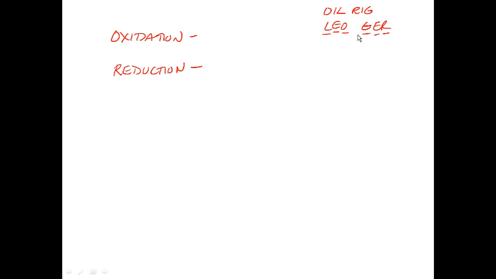So that's how we keep track of oxidation and reduction in general chemistry. We can still do the same thing in organic, but we'd have to figure out the oxidation numbers of the carbons, and while that's not that difficult, we normally don't do it. So we define oxidation and reduction by sort of an alternative method, which is that oxidation means that you gain oxygen or you lose hydrogen. And a reduction reaction means that you gain hydrogen or you lose oxygen.